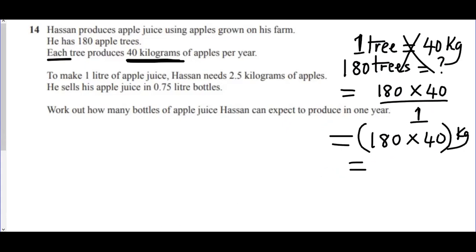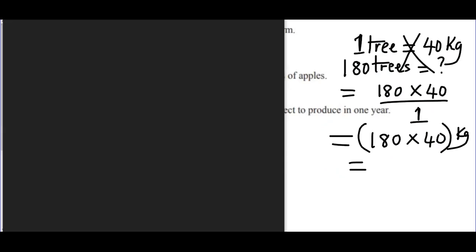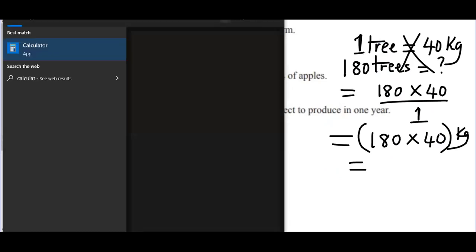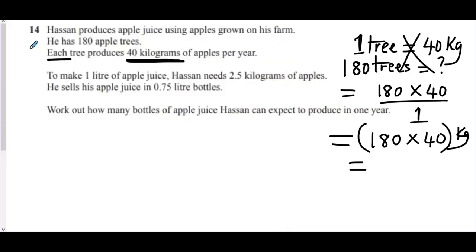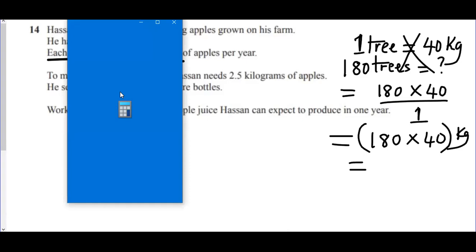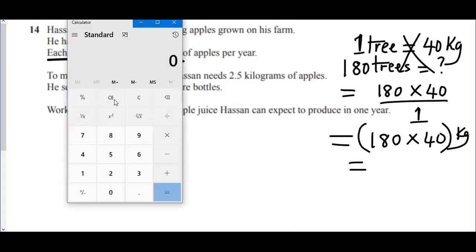You can try calculating that using your own calculator. So we have 180 times 40, and we are going to go ahead multiplying that.